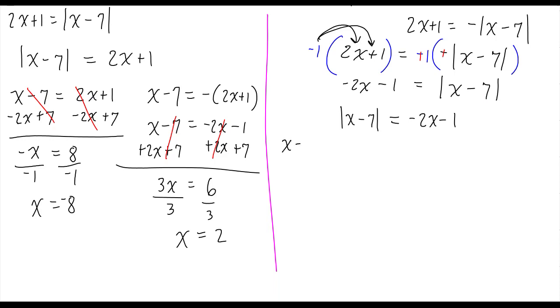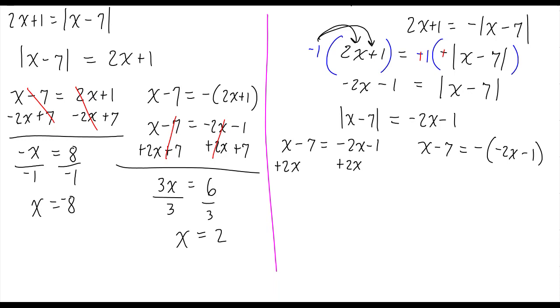X minus 7, the interior, could equal this as it is, negative 2x minus 1. X minus 7 could equal the negative version of that, negative (negative 2x minus 1). Okay, so on the left here, I'm going to solve it by, as before, adding 2x to both sides and adding 7 to both sides.